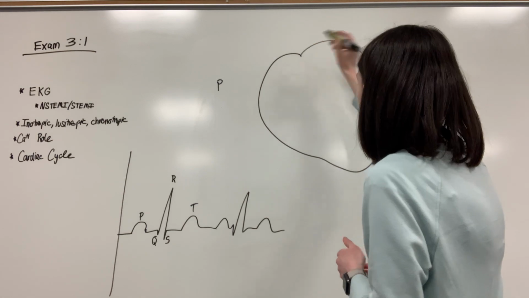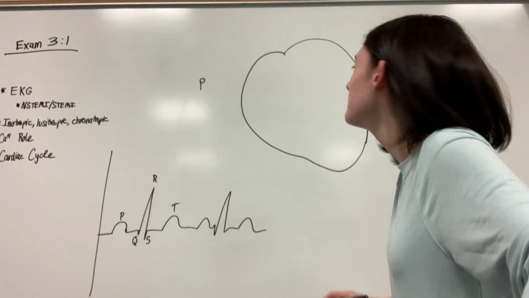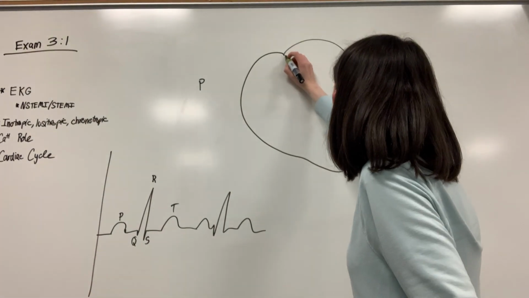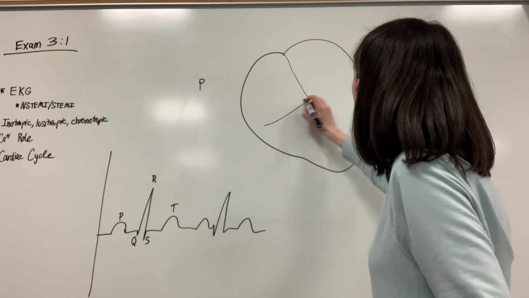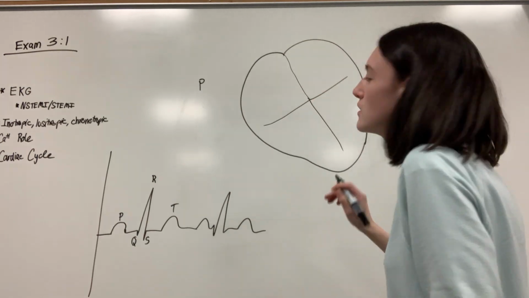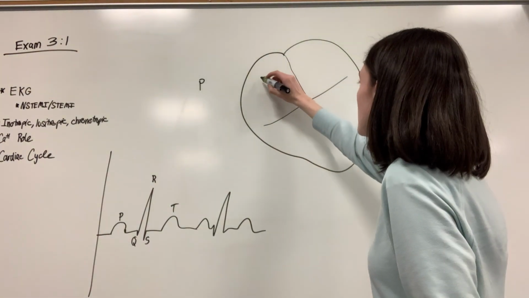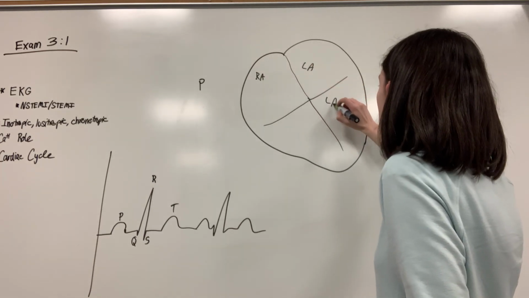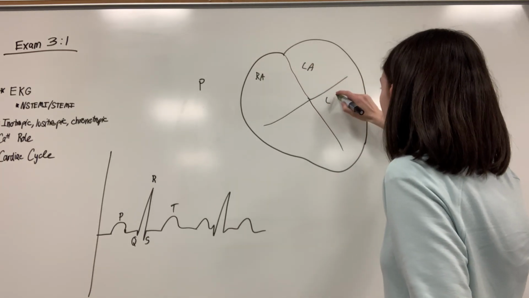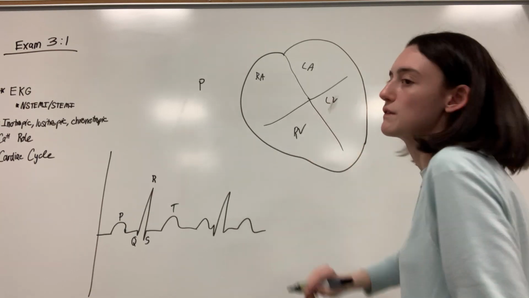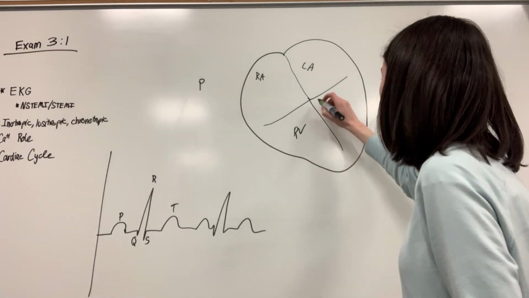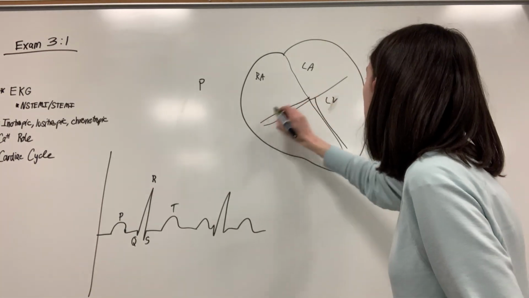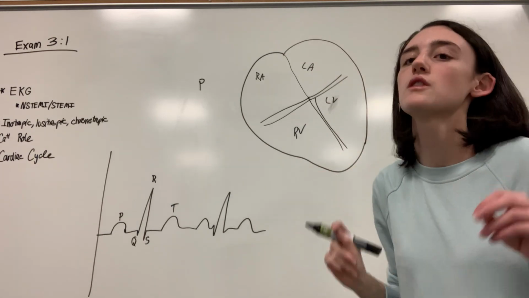Okay, pretend this is a heart. Basically the heart has 4 chambers: the right atrium, left atrium, left ventricle, and the right ventricle. Just some basic anatomy for you. And they're all going to play a role in this heartbeat.